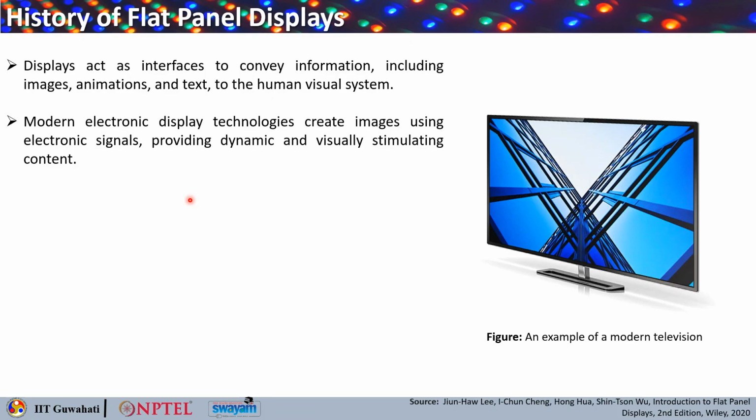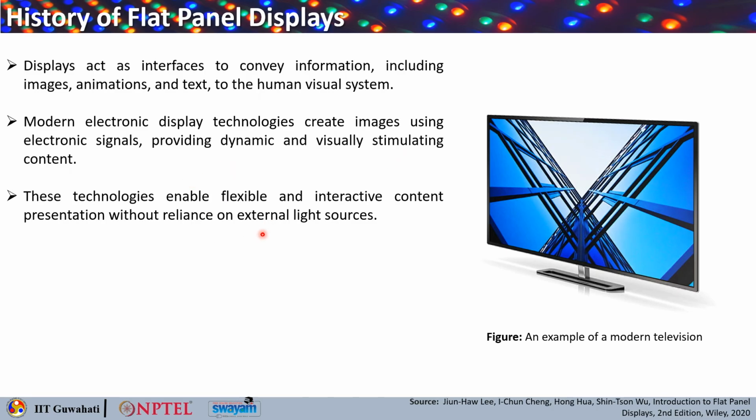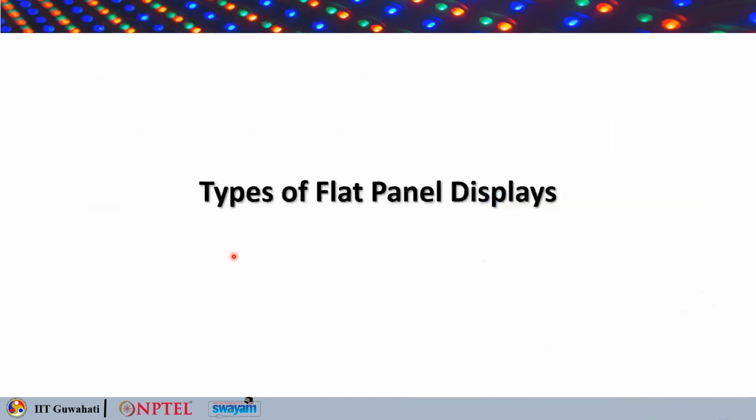So nothing has changed; the technology has only evolved, the purpose remains the same. The good thing about modern electronic display systems is that they can create images using electronic signals, providing dynamic and visually stimulating content. These technologies enable flexible and interactive content presentation without reliance on external light sources.